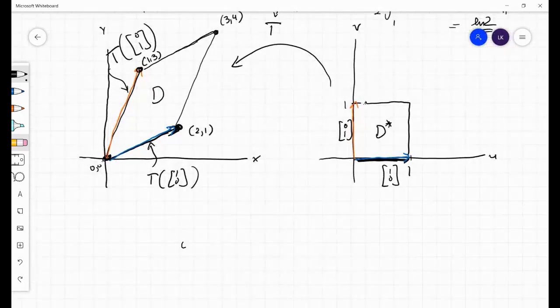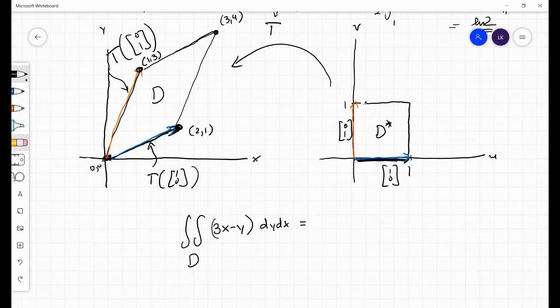And I have some integral, let's say the integral of 3x minus y over the region D. And we do a change of variable so that D becomes this nice unit square.